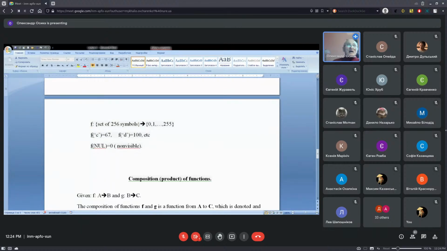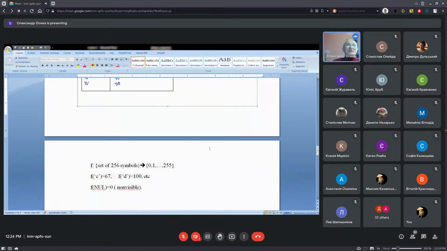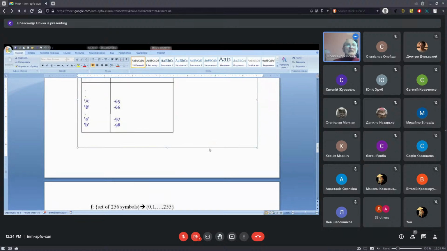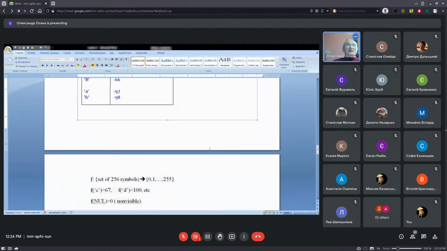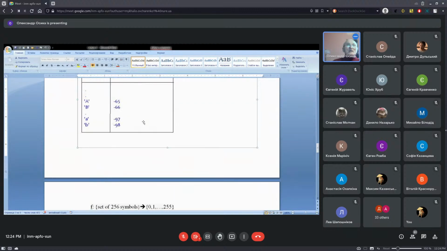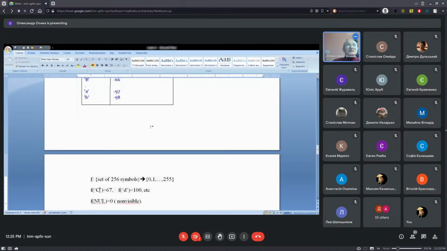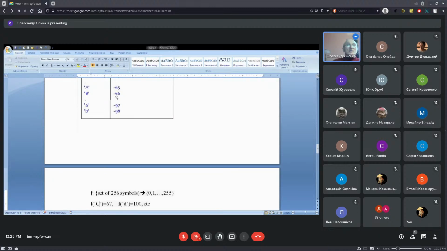ASCII code of C capital is 67. That was an error before. F of A is 65, F of B is 66, F of C capital is 67.